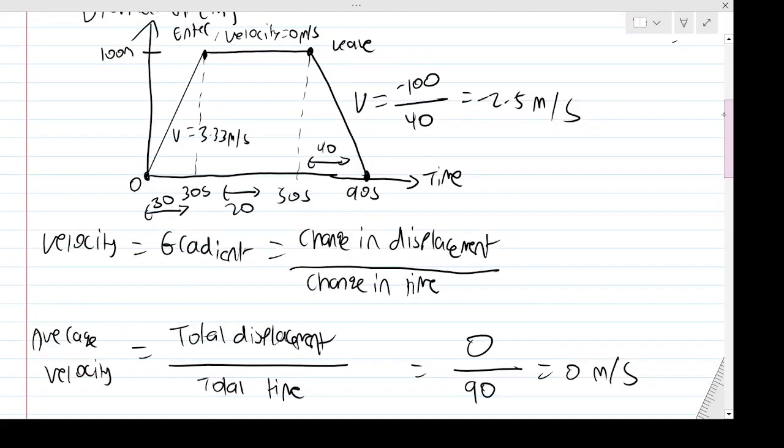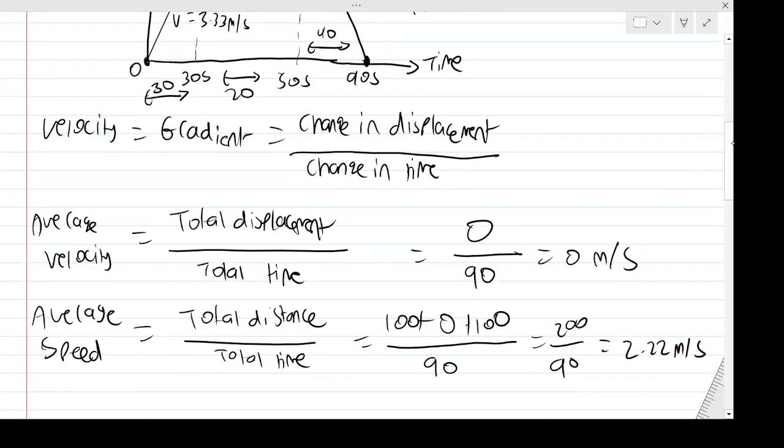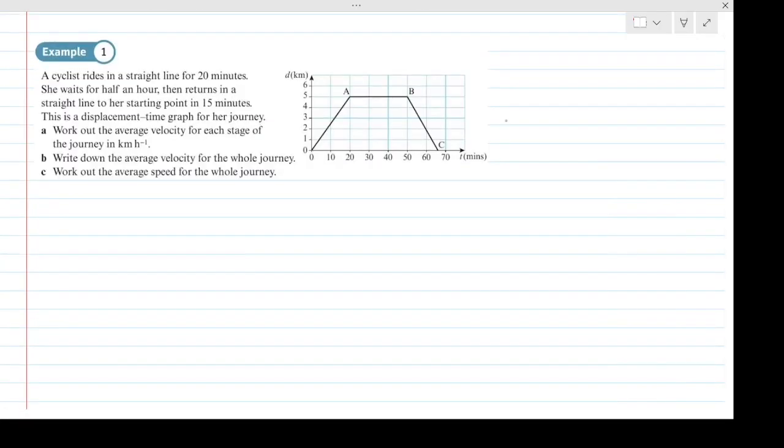Okay, let's have a look at some examples then to demonstrate this. So we've got this example, and we're told a cyclist rides in a straight line for 20 minutes. She waits for half an hour, then returns in a straight line to the starting point in 15 minutes. So the first part of the journey in a straight line for 20 minutes, you can see that here.